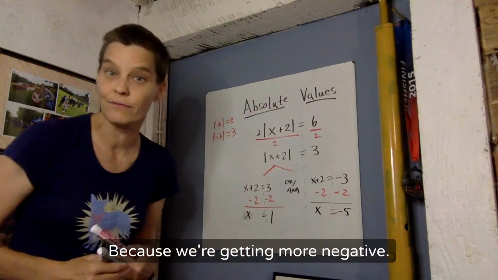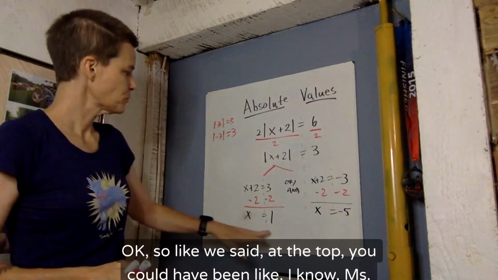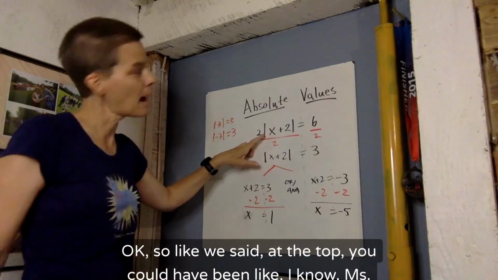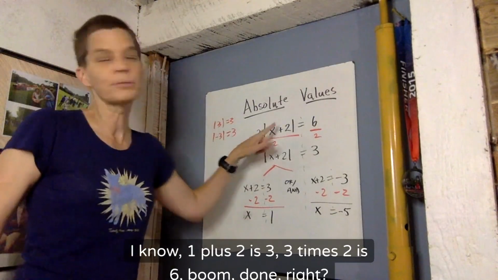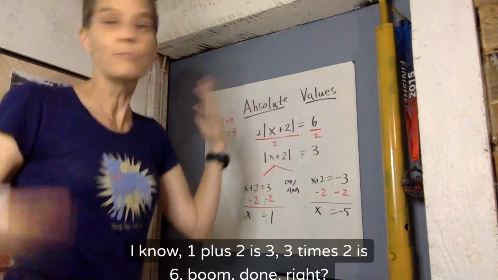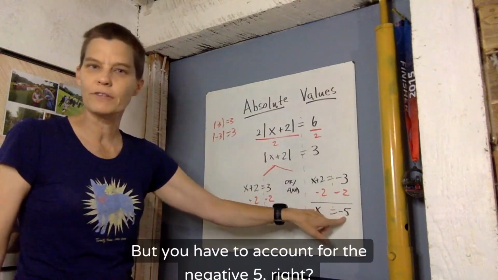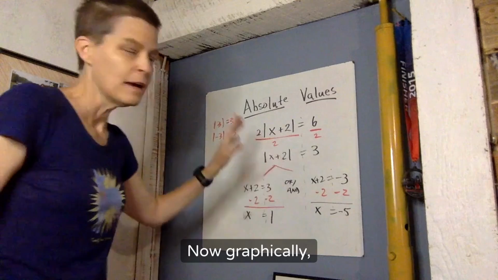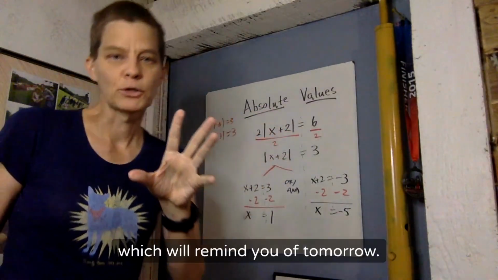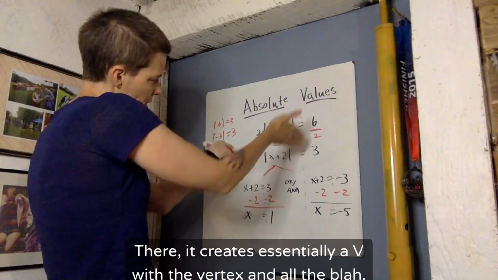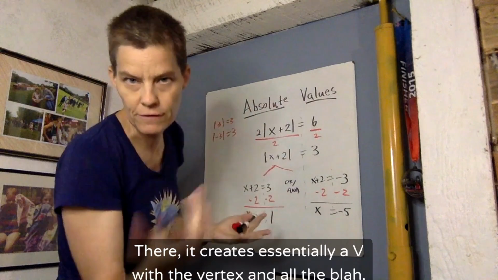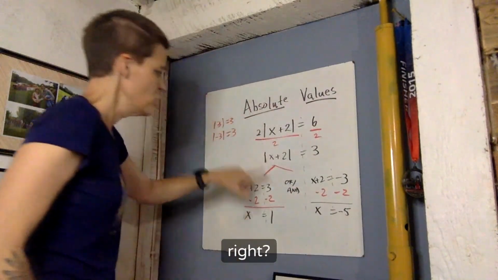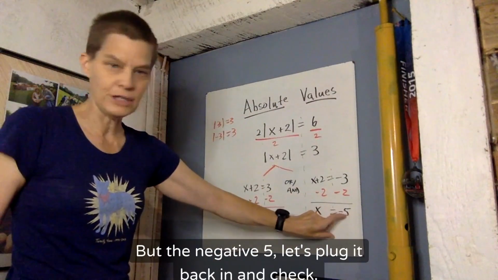Because we're getting more negative. Okay, so like we said at the top, you could have been like, I know, Miss Thompson, I know, 1 plus 2 is 3, 3 times 2 is 6, boom, done, right? But you have to account for the negative 5, right? Now graphically, which we'll remind you of tomorrow, it creates essentially a V with the vertex and all that. But the negative 5, let's plug it back in and check.